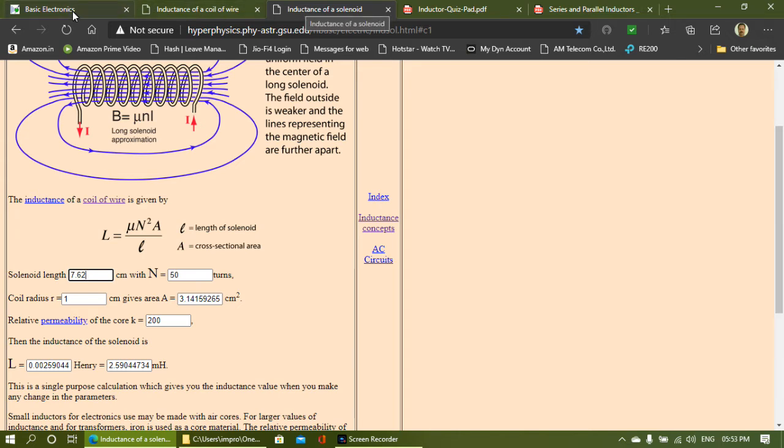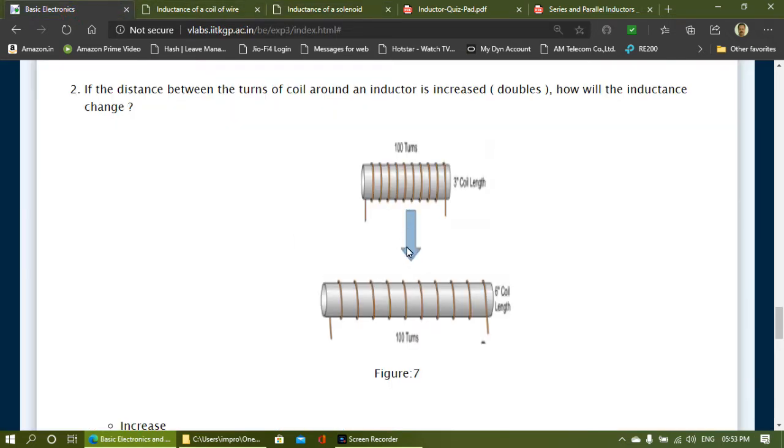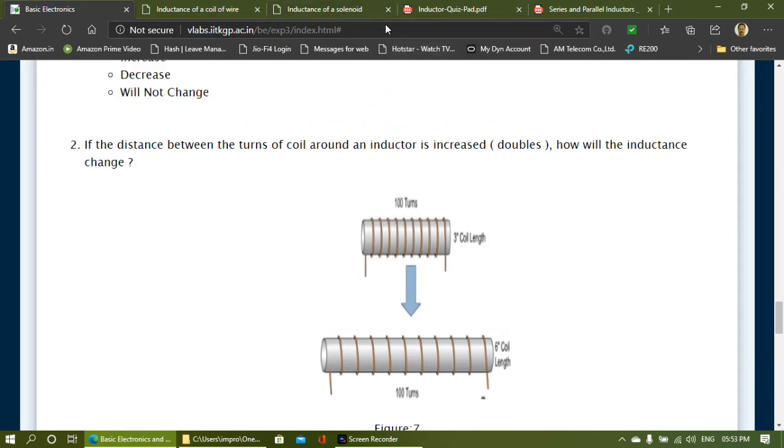Now if we keep our number of turns the same but increase the coil length, that means by increasing the internal gap of the turns, then our coil length will increase to 6 inch. What will be the effect on the inductor?